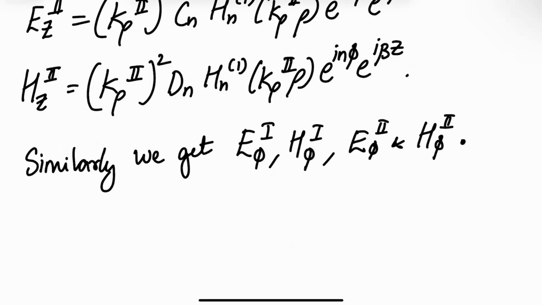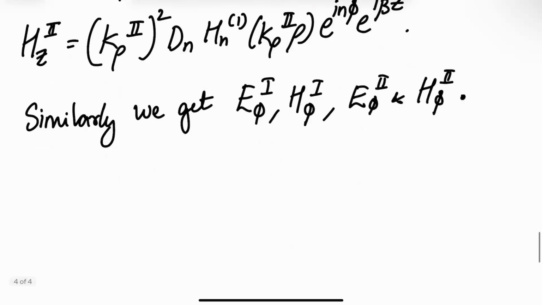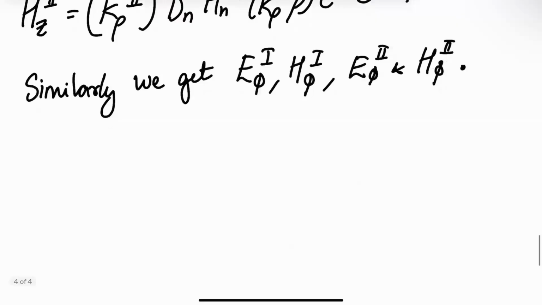So we have the z component and the phi component, and these are the components for which we need to apply boundary conditions, because continuity has to be satisfied for the tangential E and H across the boundary. The tangential components are the z component and the phi component, based on what the boundary is. I'm not going to write these equations out. They're long, but you can look them up in the textbook, Foundations of Applied Electromagnetism.